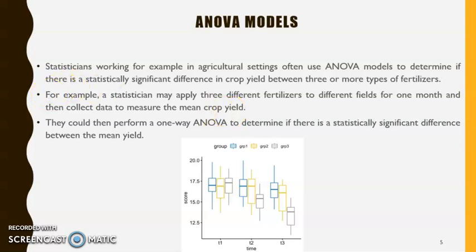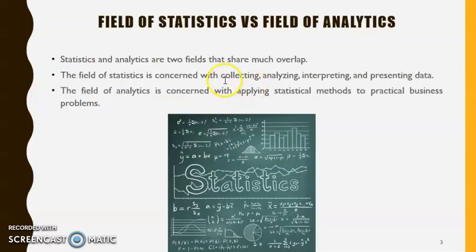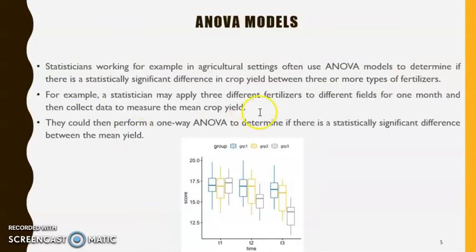Again, you see the first things that we learn here together: collecting, analyzing, and interpreting. A statistician decides why 1 month, why 3 fields, and all the details of that experiment are designed by statisticians.